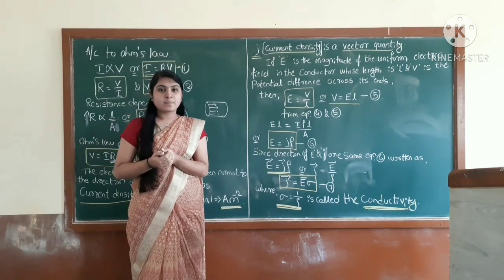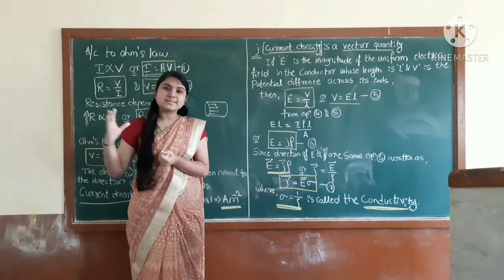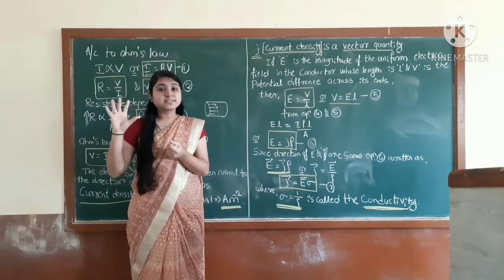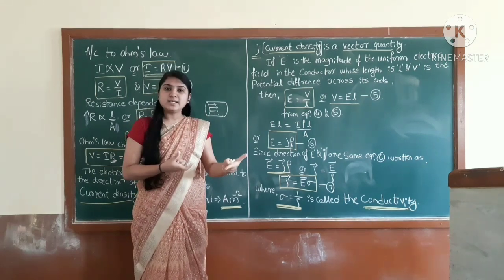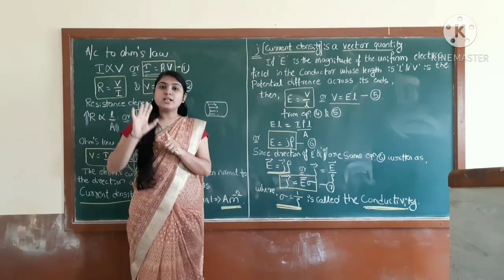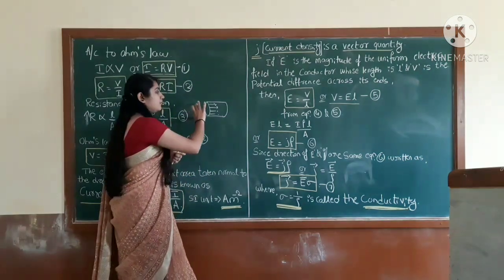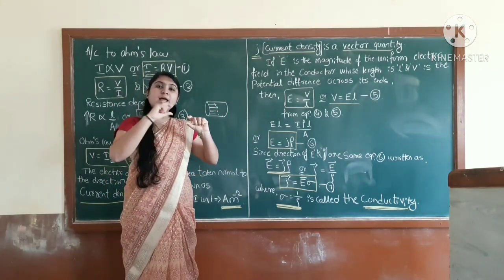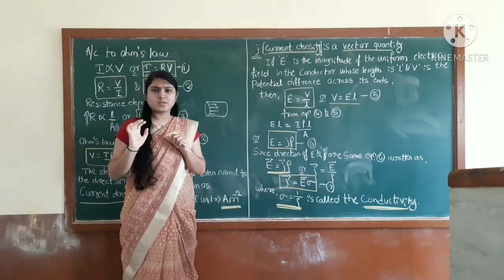Of course, they will ask the total percentage, right? So here also we have to take the total amount. So the total amount of the charges moving in a particular time, correct?